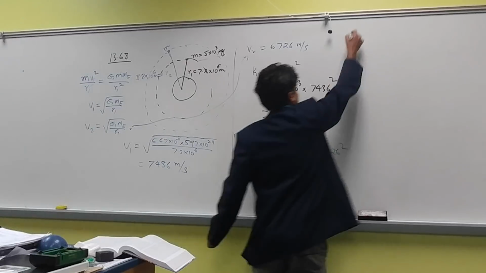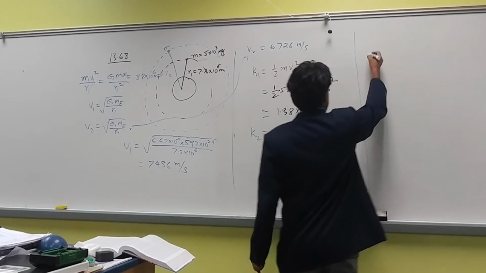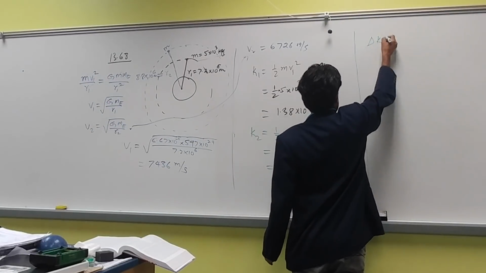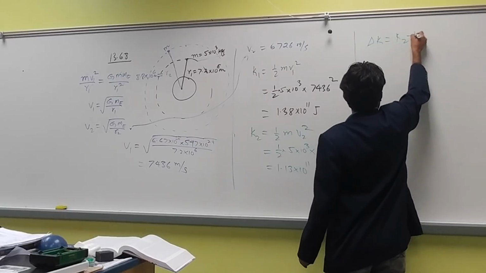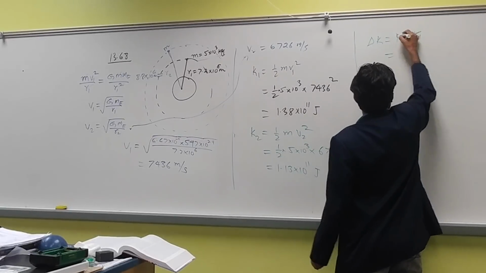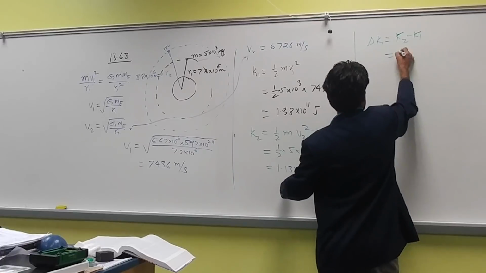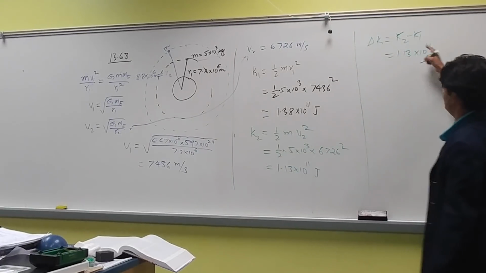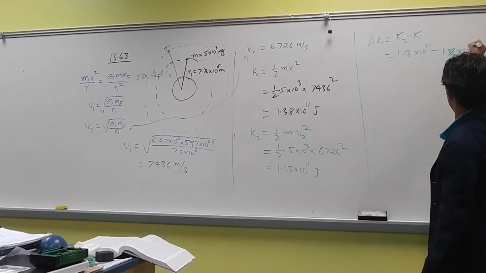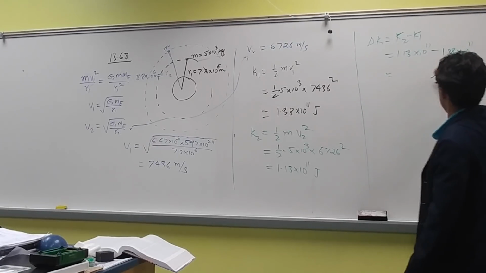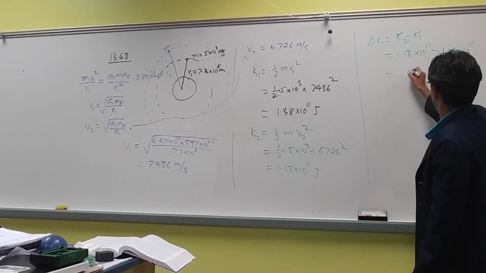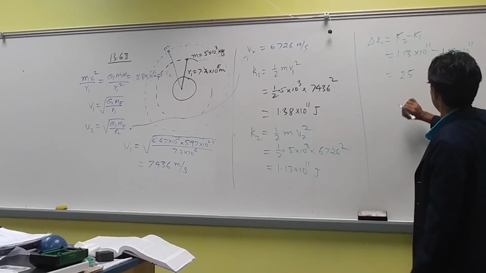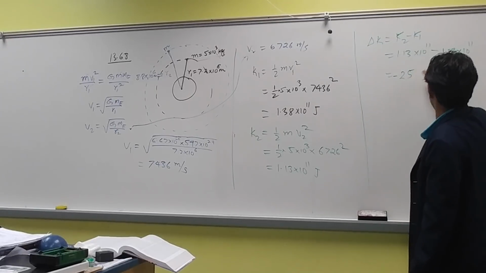So what is the change in kinetic energy? It's K2 minus K1. K2 is 1.13 times 10 to the 11 minus K1, which is 1.38 times 10 to the 11. This will be negative, because K1 is greater.